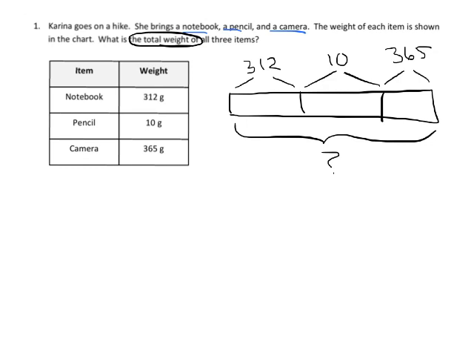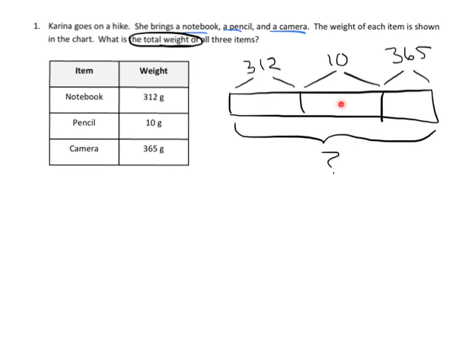So this resulting tape diagram is a classic tape diagram that suggests addition. You have unequal segments, because we've got 312, we've got 10, and 365. So they're unequal lengths.